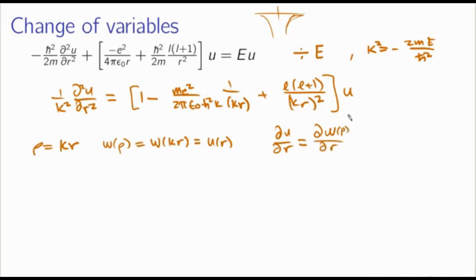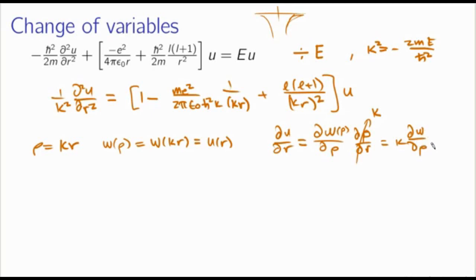If I want to differentiate a function of rho with respect to r, first I differentiate with respect to rho, and then I multiply by the derivative of rho with respect to r. The derivative of rho with respect to r, of course, we know what that is. This is just k. So this is going to be k dw d rho. I shouldn't write p's, I should write rhos.